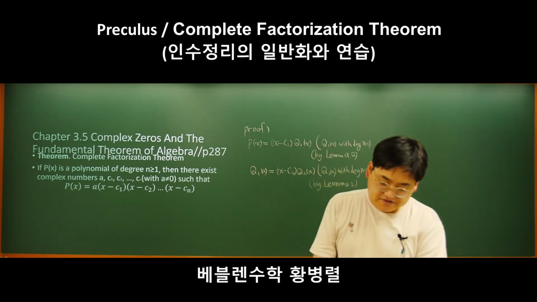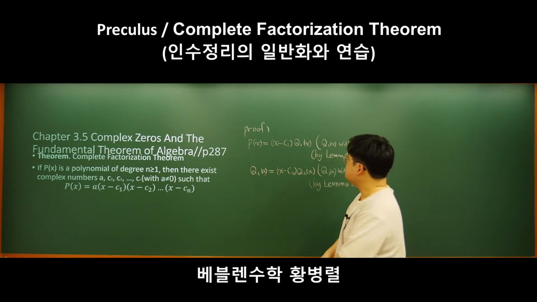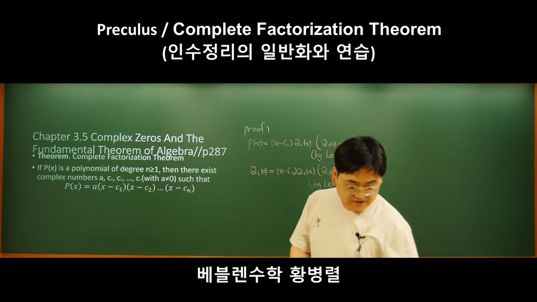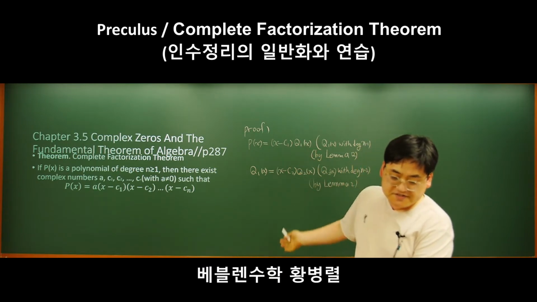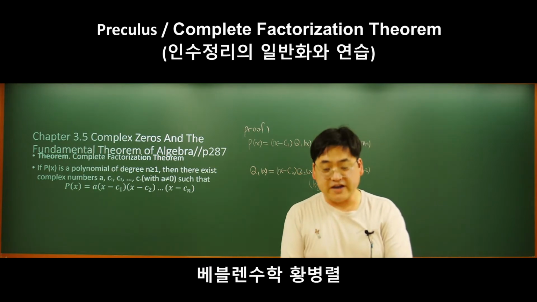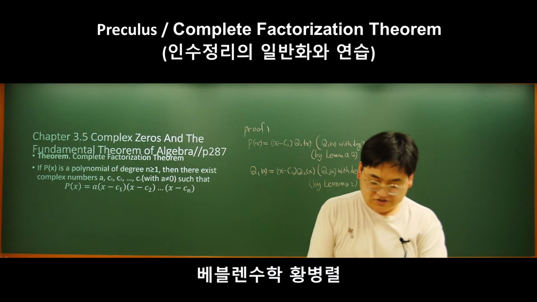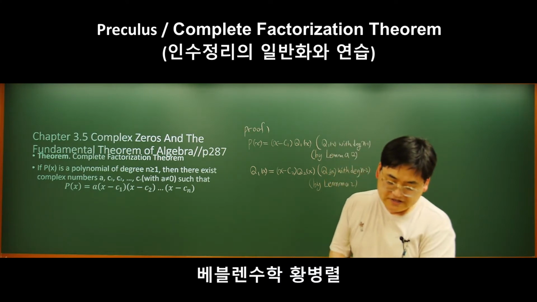To review this theorem, you can also see page 272. Continuing these processes for n steps, we get a final quotient qn(x) of degree 0.